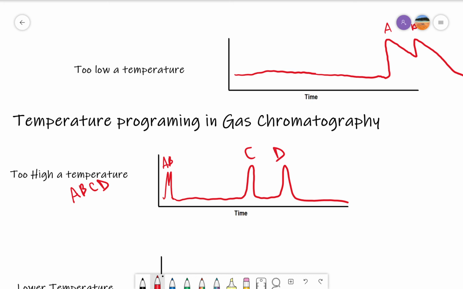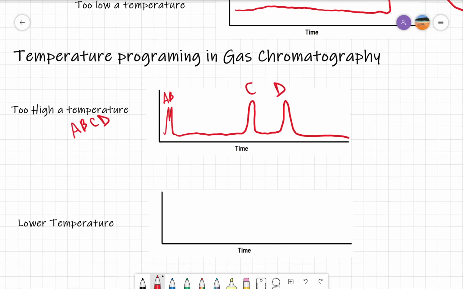So we could achieve good resolution for a couple of them, but the other ones come off too quickly, so there are not enough equilibria for A and B to undergo, so they do not get separated. C and D, having different volatilities, are able to be separated at a high temperature.